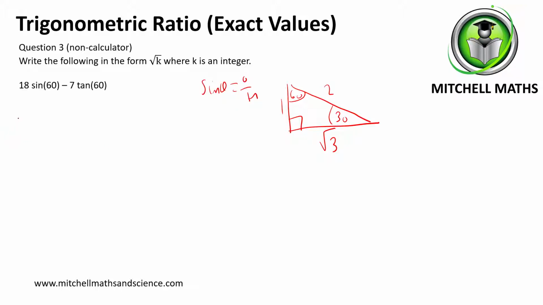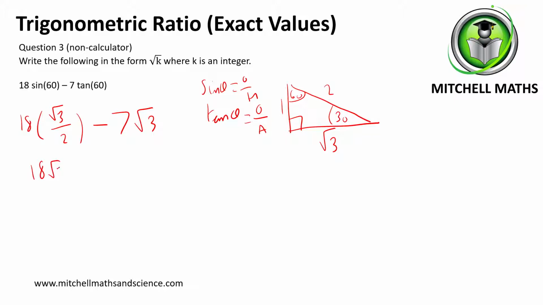So we'll get 18 times root 3 over 2. And tan angle is opposite over adjacent, so tan 60 is root 3 over 1, which is just the square root of 3. So we've got minus 7 square root of 3.